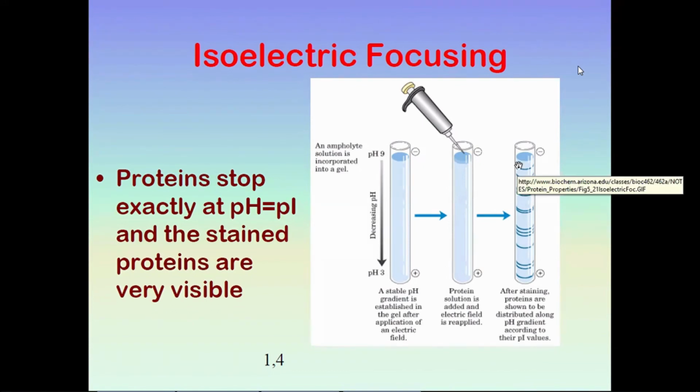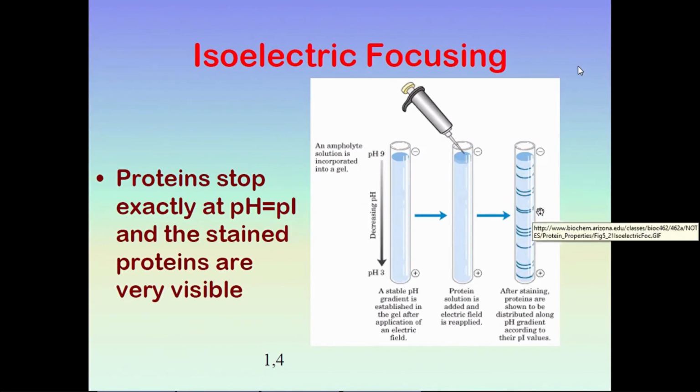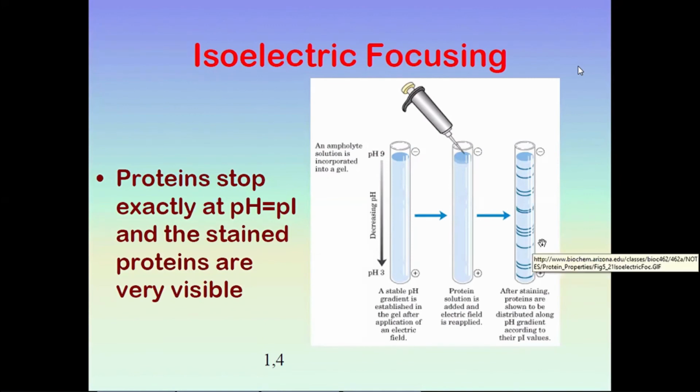The protein will travel as long as it has charge. When it reaches the middle, where the pH is around 7, and the protein stops, that means the isoelectric point of that protein is 7. It doesn't move, it stops. And other proteins will move depending on their isoelectric point. They will stop at a certain pH.